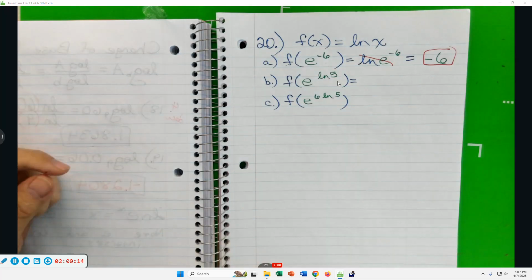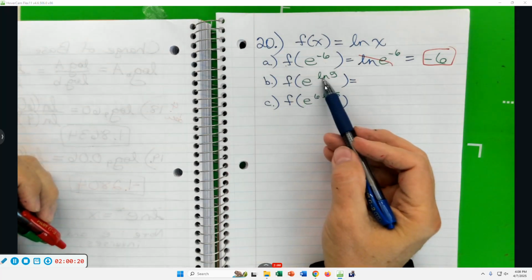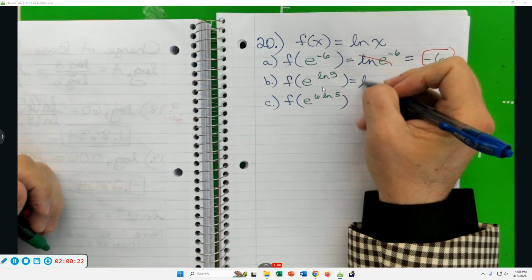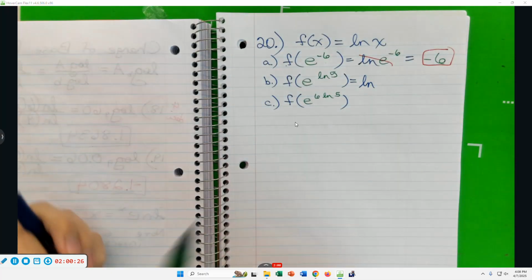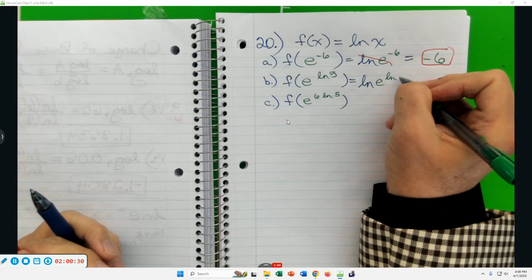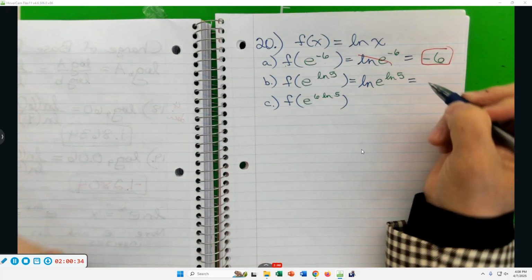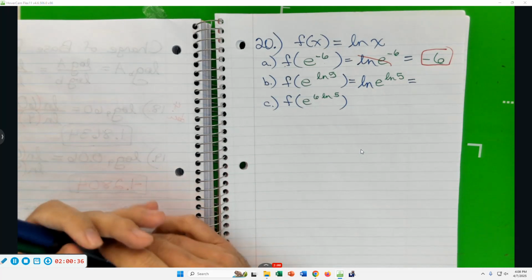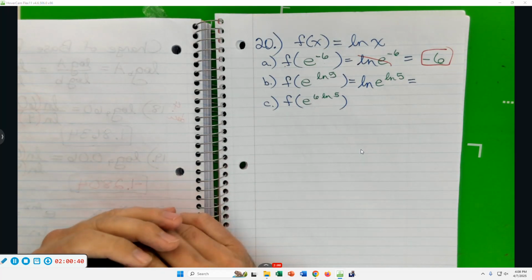Part B says go to your function f and replace any x you see with e to the ln 5. So, replace that x with the green e to the ln 5. Some people get into their head that it's just a cancellation free-for-all whenever a problem has e and ln, and come up with the answer of 5.